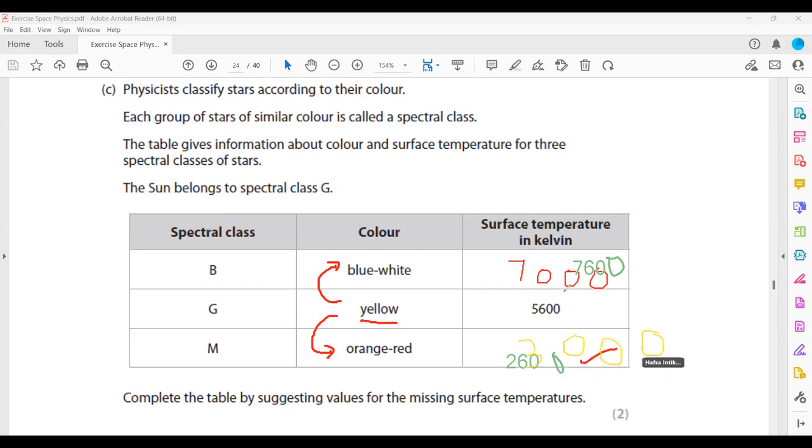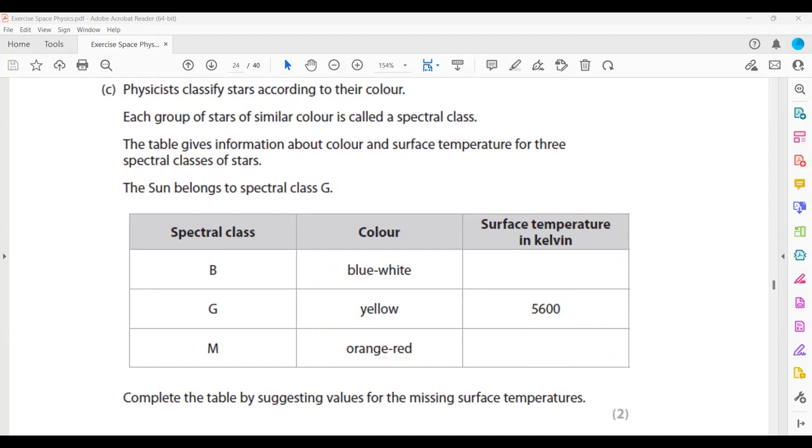It's related to your understanding that M class stars, which are orange and red, should have a low temperature. And blue and white stars, spectral class B, should have a high temperature. So any one value lower than 5,600 and another value higher than 5,600. Any value is acceptable. It's up to you, but it should be higher.